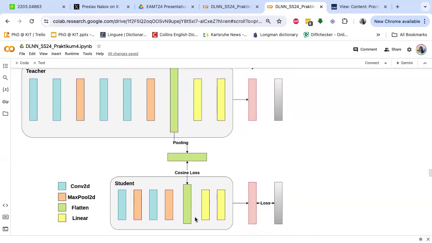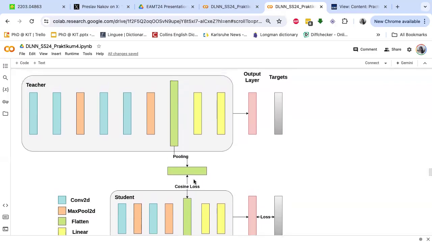And how can we measure the similarity? Are they of the same type of layer, for example? Yes, they are the same type of layer, just different in dimension. Okay. So here we would use the cosine similarity, just to maximize the similarity between the two vectors.